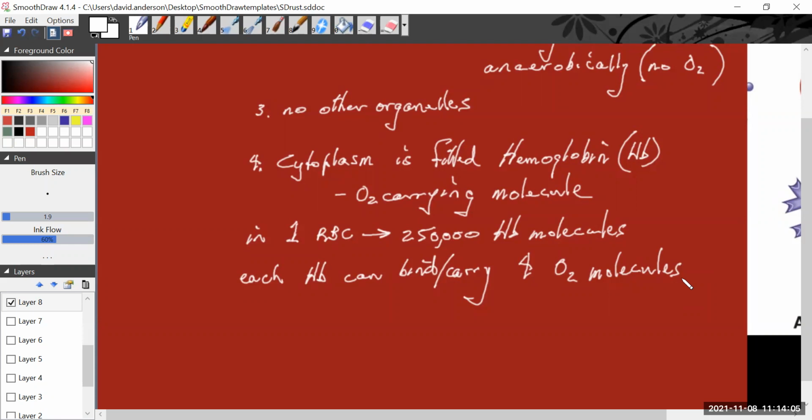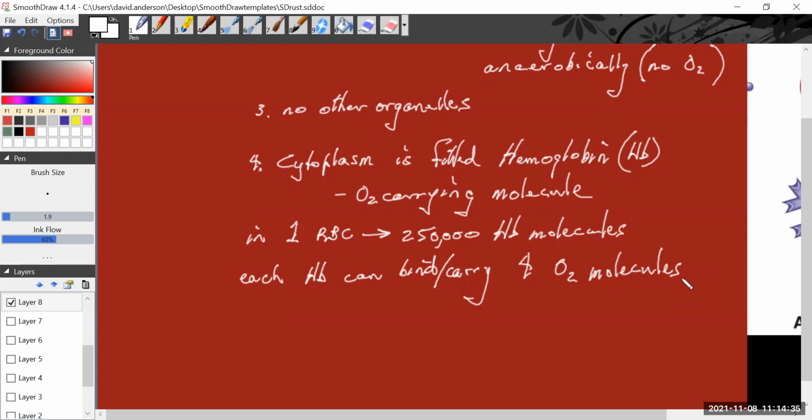Now, again, the numbers don't matter. The concept, though, is that there is a lot of oxygen being carried on these hemoglobin molecules within a red blood cell, and there's a lot of red blood cells. It tells you how important delivery of oxygen is to all the cells of the body. It's the most numerous cell in the blood.